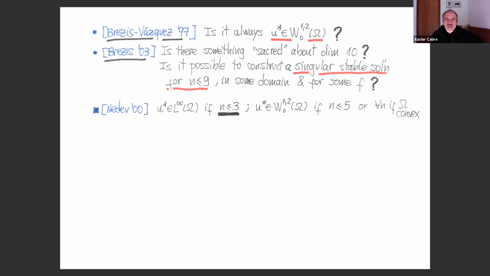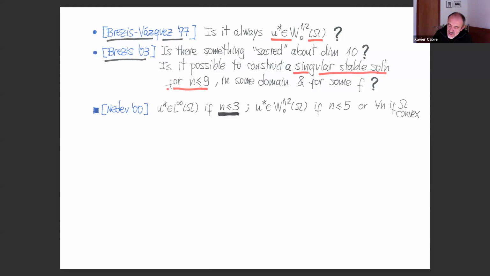And the first result after Crandall-Rabinowitz was by a student, a PhD student of Brezis, Grégoire Nedev, in 2000. This was part of his PhD thesis. And he proved that the extremal solution, I'm writing this for the extremal solution, but the arguments work for every stable solution.